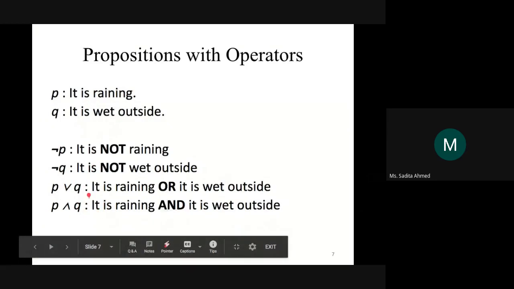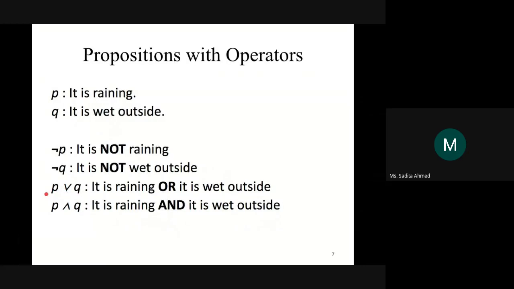Now, let's say it is not raining. All right. It is not raining. If it's not raining, then what is the value of P? If it is not raining, can anybody tell me what will be the truth value of P? False. Okay.